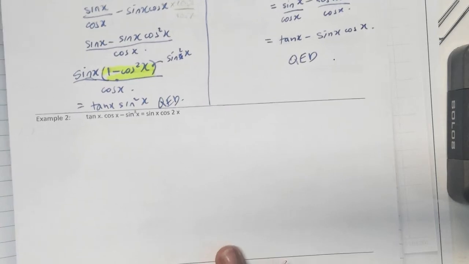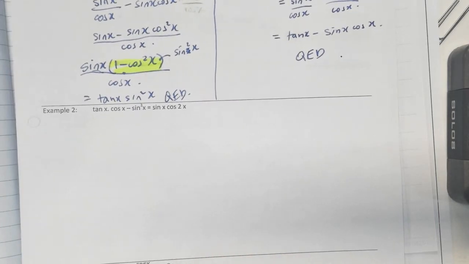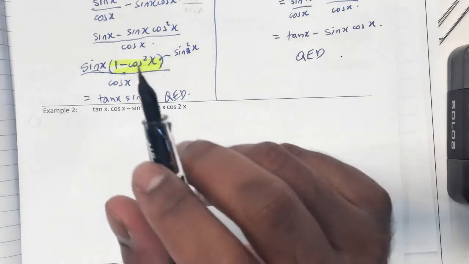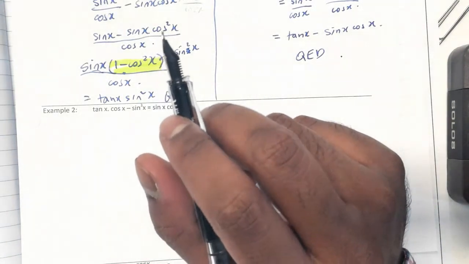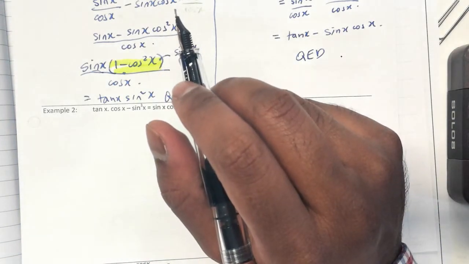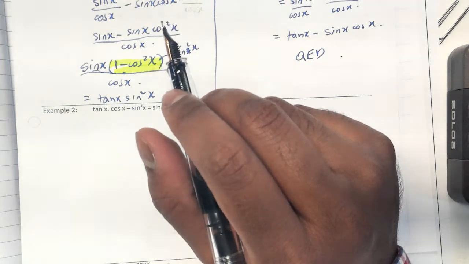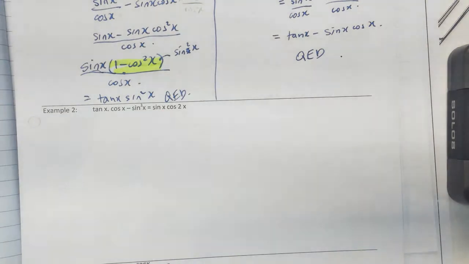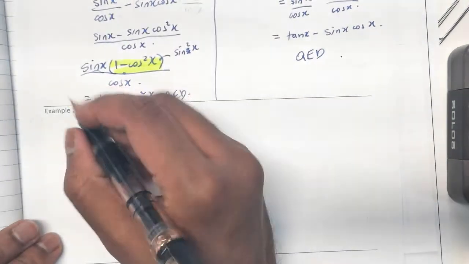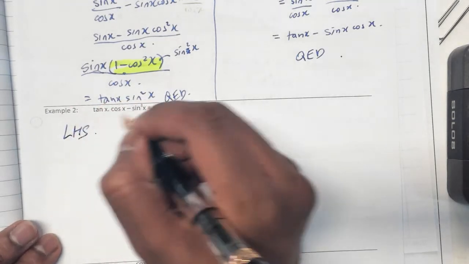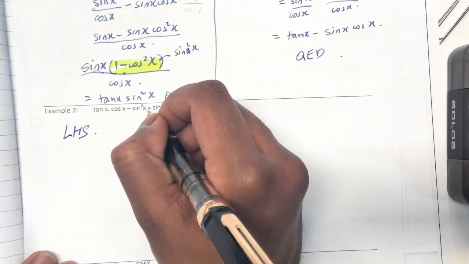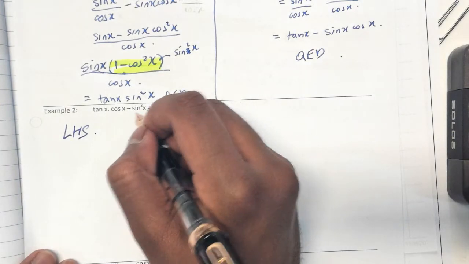Pretty good. Alright, so example 2, which one do you reckon we should start with? Probably left hand side, yeah. Let's take the left hand side. I think it's got 2 terms. That one's a little bit tricky, but I would probably break this up.